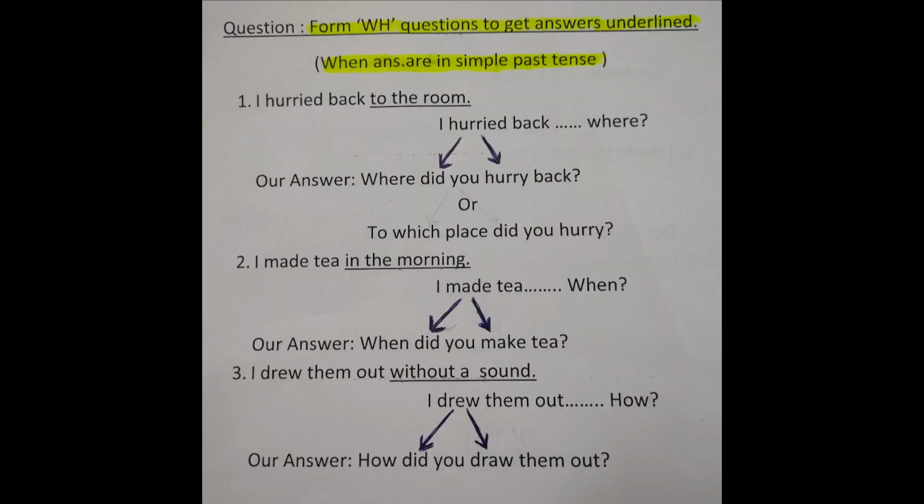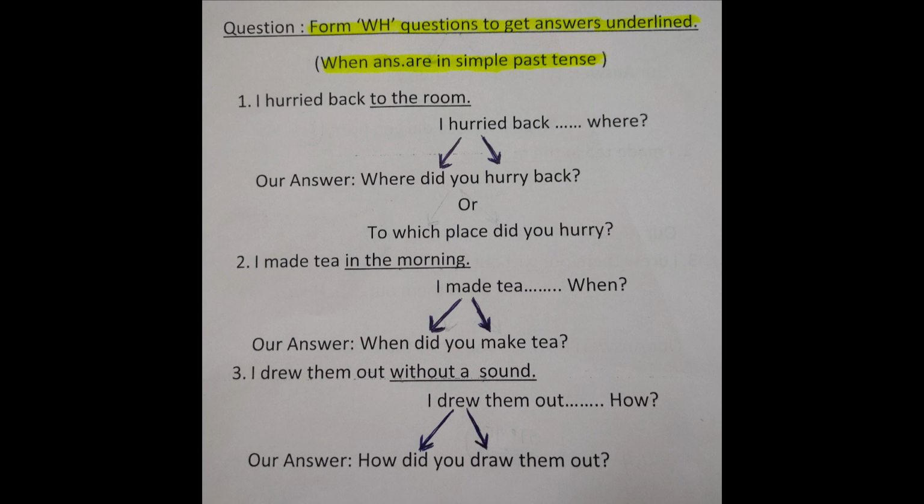Now friends, let us see what types of questions can be asked on this particular topic. The question is, form WH questions to get the answers which are underlined. First sentence is, I hurried back to the room. To the room is underlined.